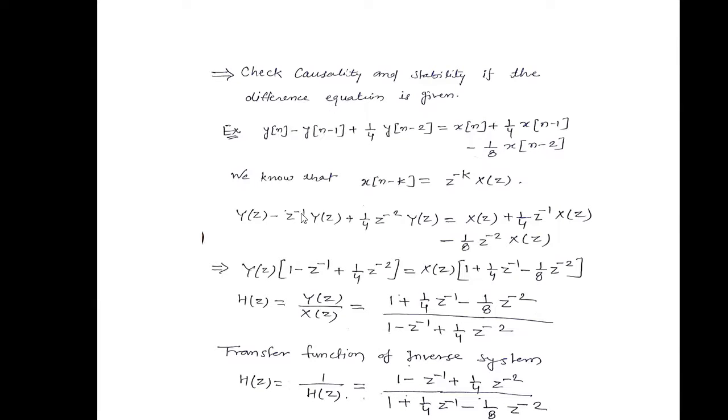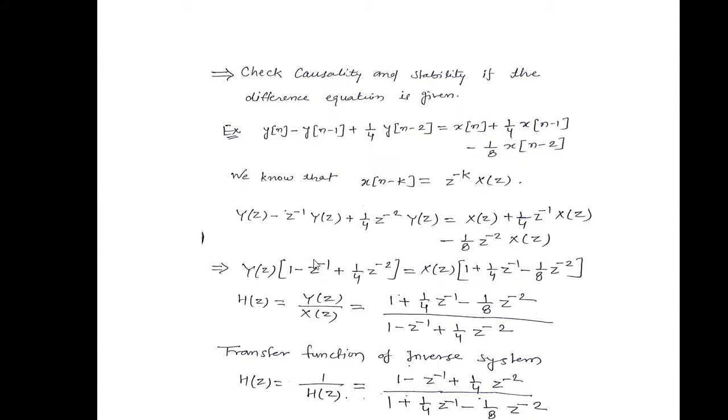So z to the power minus 1 plus 1 by 4. This signal is shifted by 2, so there will be z to the power minus 2. Y of z equals X of z plus 1 by 4 z inverse X of z, because x of n is shifted by 1 point, minus 1 by 8 z to the power minus 2 X of z.